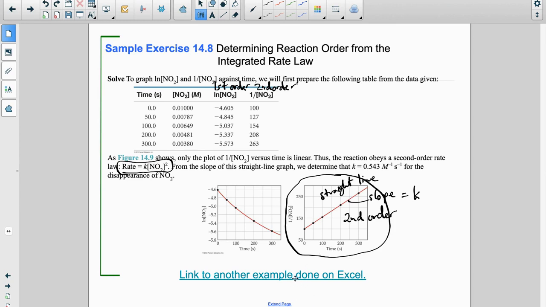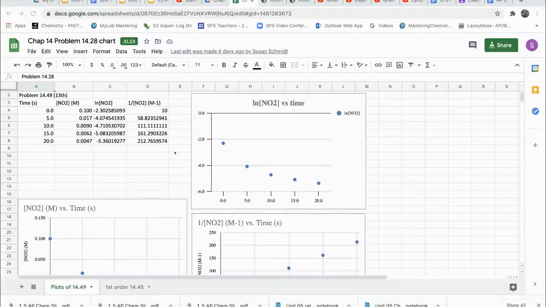So I'll show you another example that I did up on Excel for a different problem. There is a link to that at the bottom of that page with the graphs. Here's a problem from the textbook, and here's a bunch of data. I've taken the data and put in the natural log as well as 1 over the concentration.